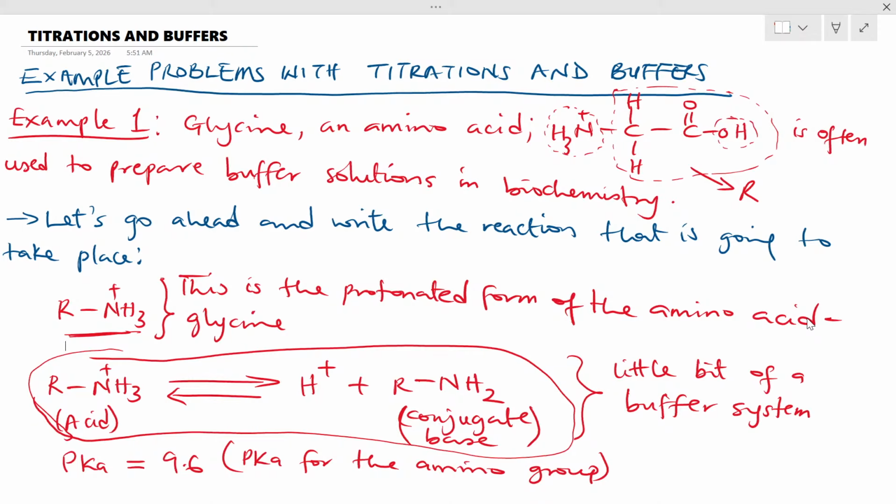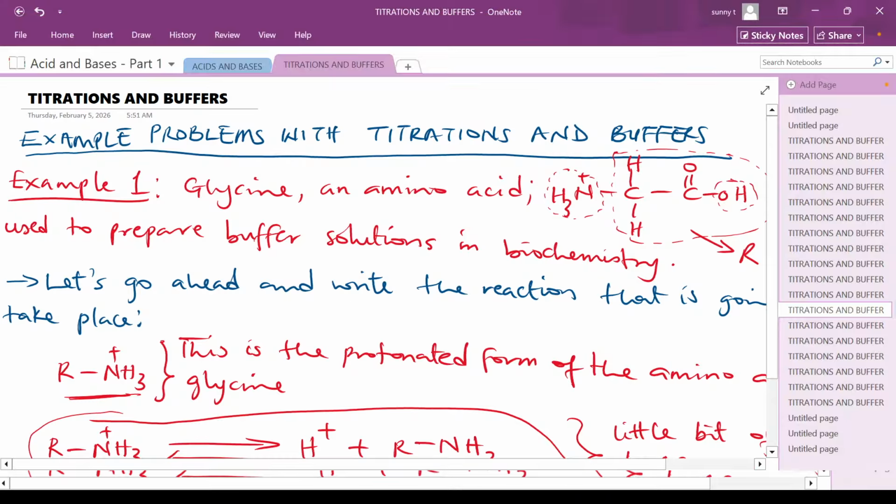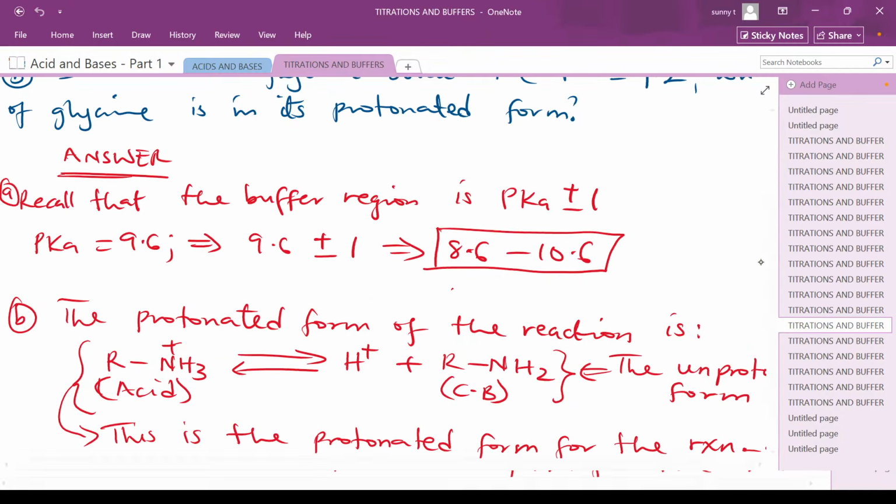So we also saw that the pKa was given, and the pKa for the glycine amino acid, or for amino acid generally, is what? 9.6. So with that information, we are able to attack the following questions, and we saw the first question that we asked in this biochemical scenario.